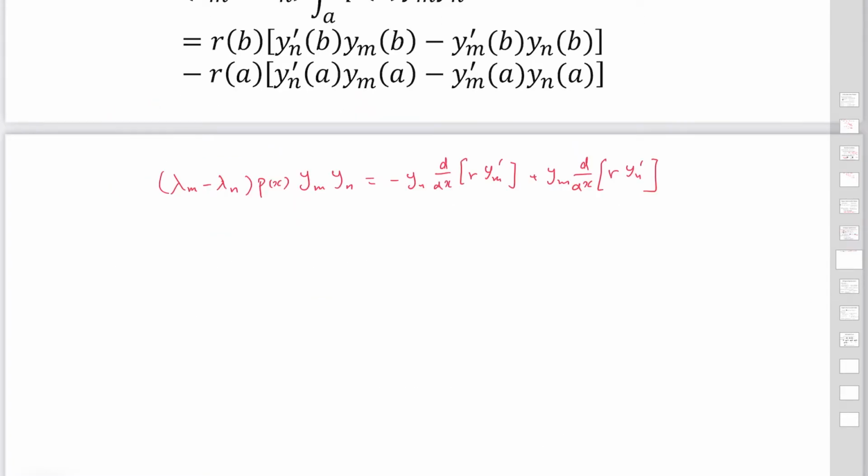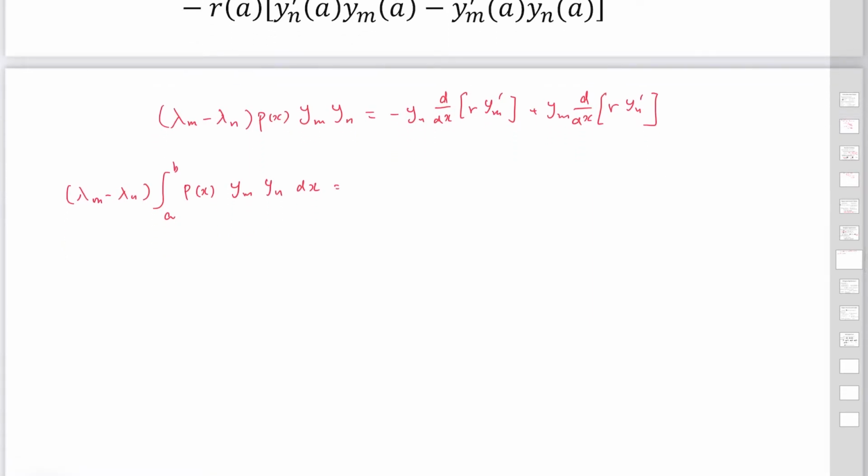Integrate from a to b on both sides of the equation. So lambda sub m minus lambda sub n, this is a constant value, times the integral from a to b of p(x) y sub m y sub n dx, is equal to the integral from a to b of minus y sub n d/dx of r y sub m prime dx, plus the integral from a to b of y sub m d/dx of r y sub n prime dx.